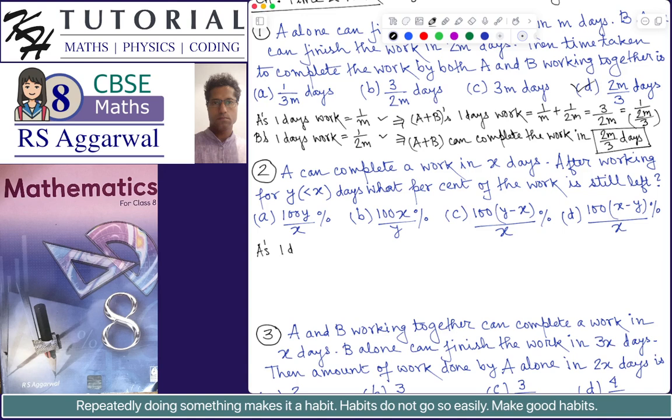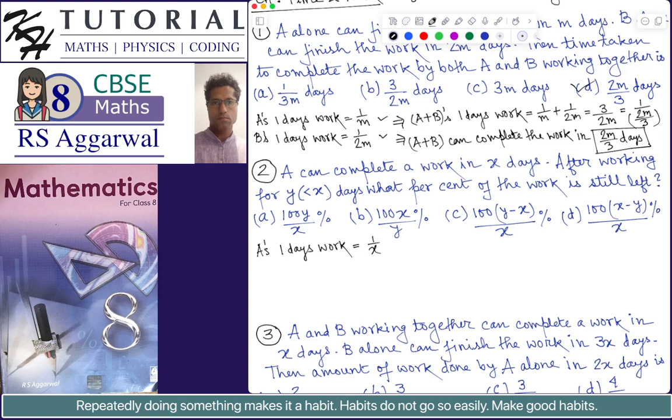Now, A's 1 day's work, that is the amount of work done in 1 day by A, is equal to 1 by X. Now it says that after working for Y days, we have to find how much work is done by A in Y days.